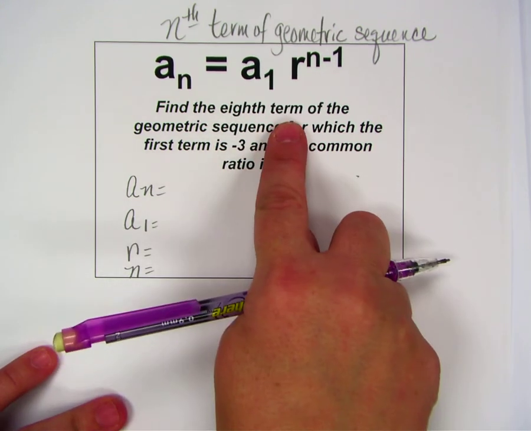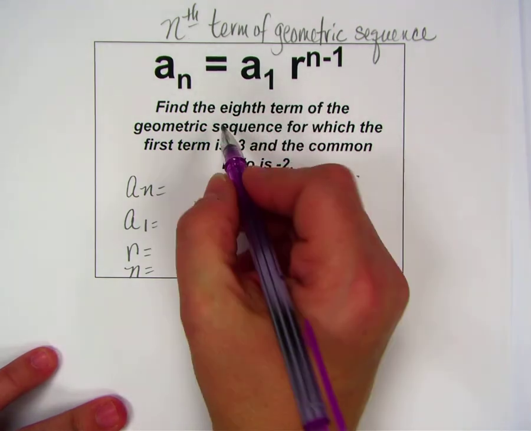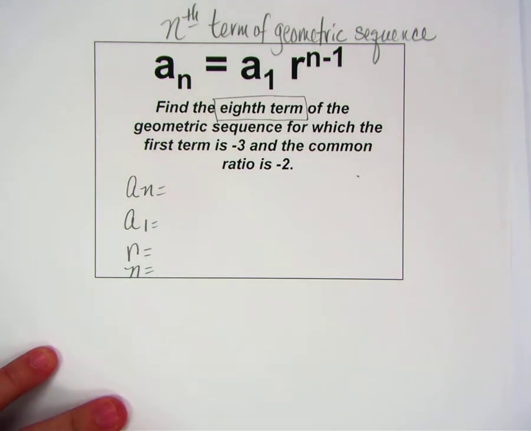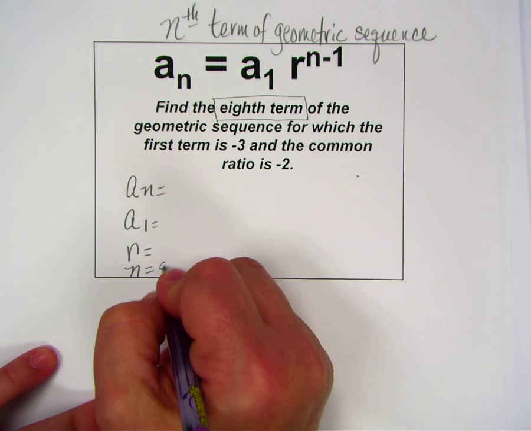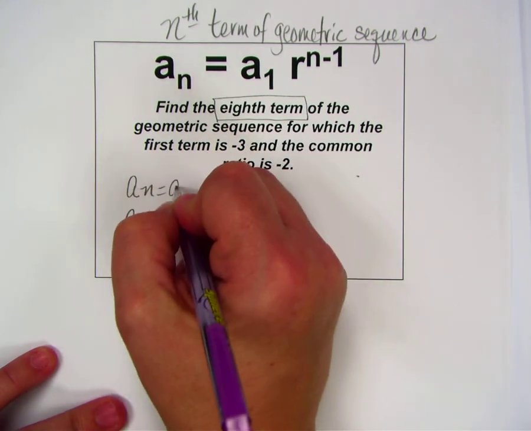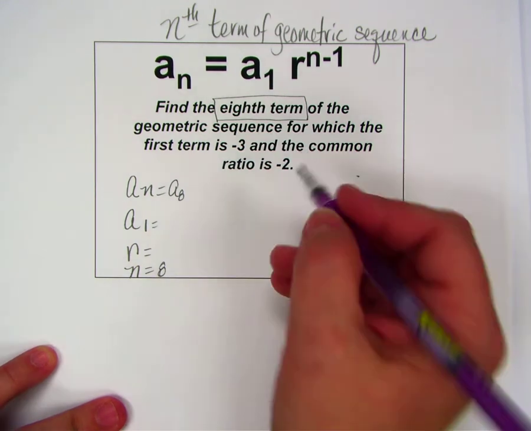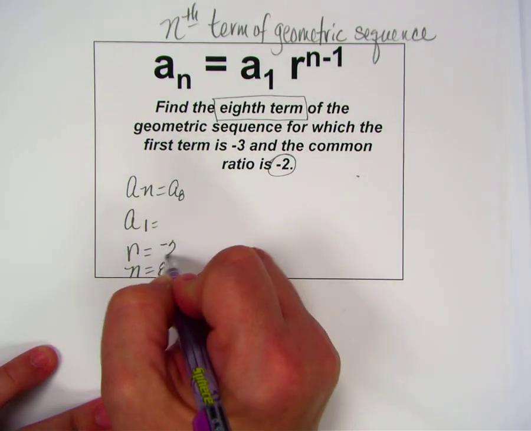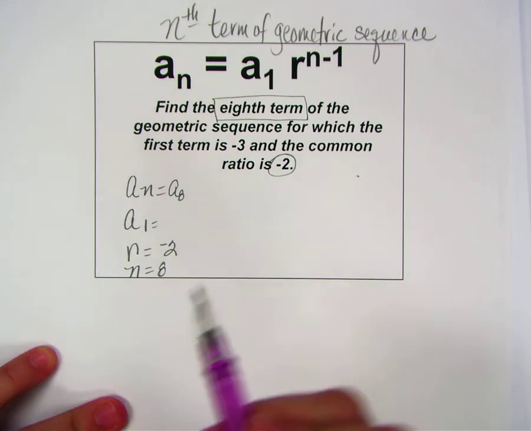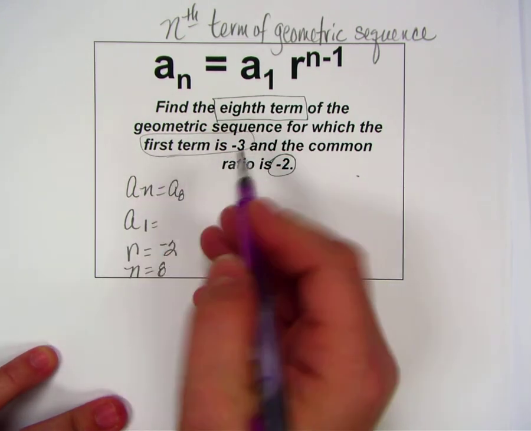Find the 8th term. So what does that information tell you? n is 8. So I'm looking for the 8th term. What else do I know? The first term a1 is -3, and r is -2, that's your common ratio.